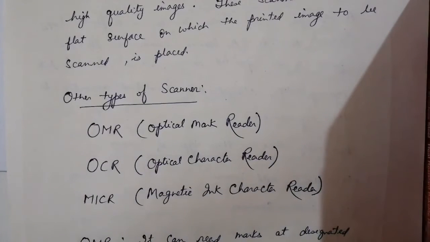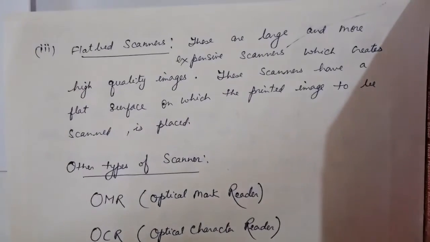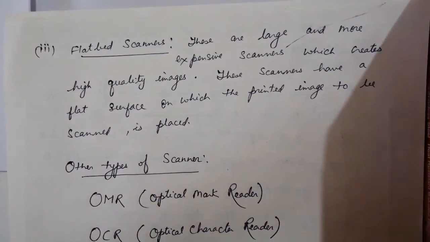Your book is also a hard copy, and the copy on which you are writing right now is also a hard copy. It becomes a soft copy when you scan your copy and save it in your computer. So please make notes of this also, hard copy and soft copy. It is also asked in your objective questions.